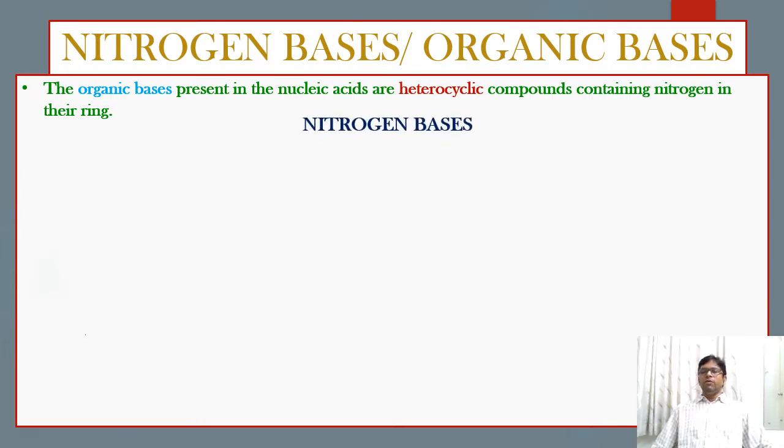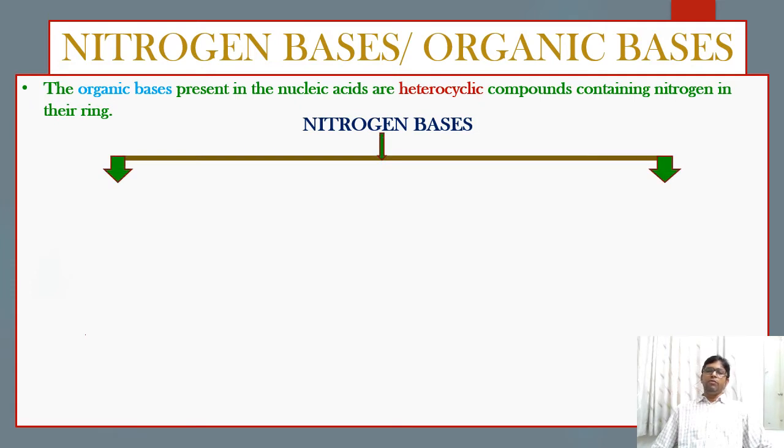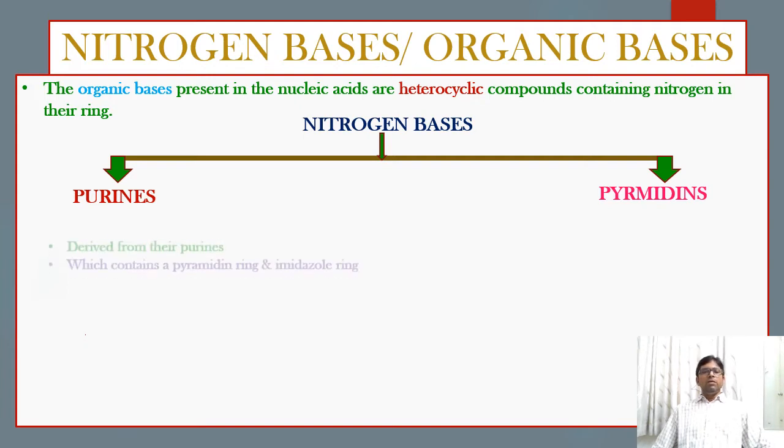Nitrogen bases found in the nucleic acids are of two types. One is purines and the second one is pyrimidines. Let us come to the purines.